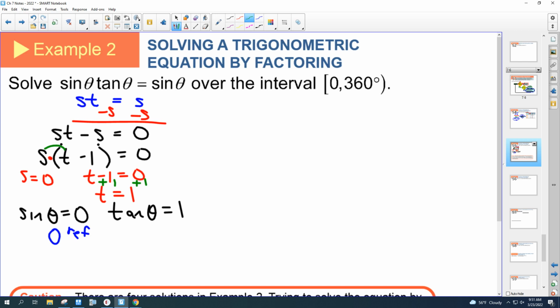Okay, s times t is st, and s times minus 1 is minus s. Factoring is like unmultiplying almost. Okay, it's like division kind of. I divided by s, but when you factor, you're trying to write it as a multiplication problem. You want to write it as a multiplication problem so I can use that zero product property.